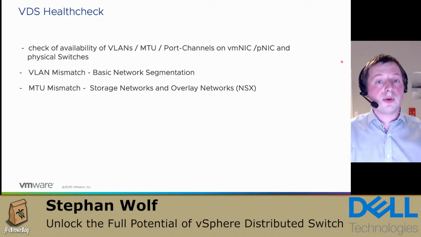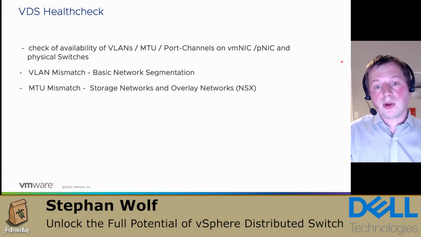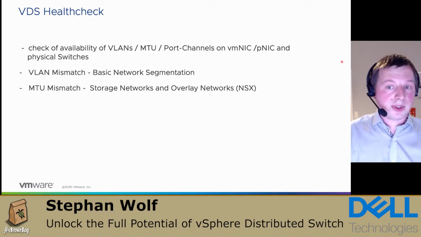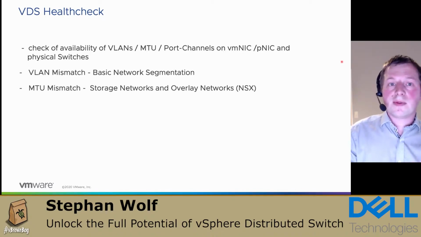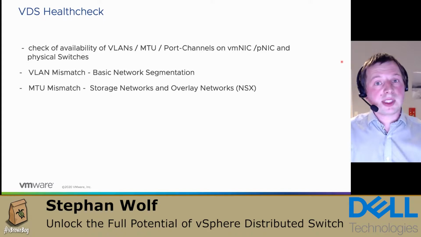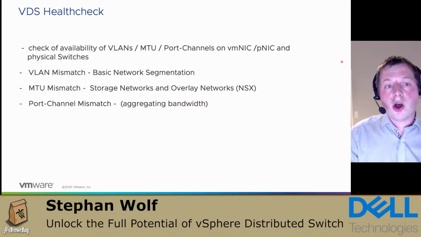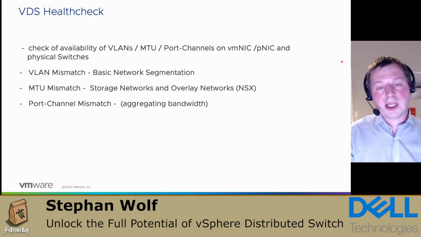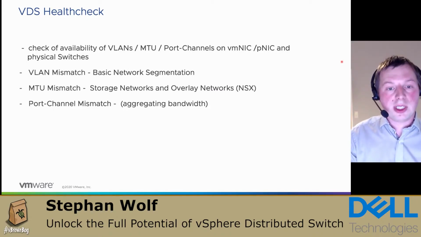Especially if you're using storage networks with iSCSI or other storage protocols, and overlay networks, for example for NSX, then you need a bigger MTU, 1,600, 1,700, or even more; for storage networks, sometimes 9,000. And for sure, if you're using LLDP or other port channel mechanisms, you can check whether the switches are also configured correctly and whether this connectivity really works.